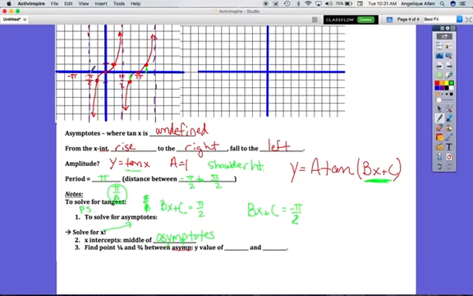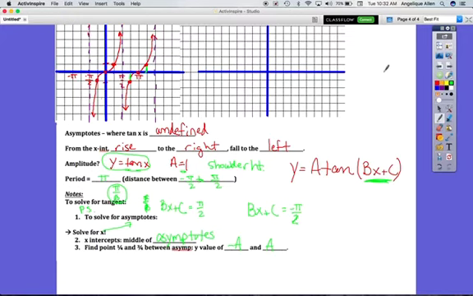And then on the quarter points, so if this is the beginning and this is the end and this is the middle, right here is the first quarter point, and over here is the third quarter point. It says find the points 1/4 and 3/4 between the asymptotes, y values of negative a and a. So in the case of my main parent function, a was just 1, so we saw these points happen at -1 and +1. All right, that's good for the notes.